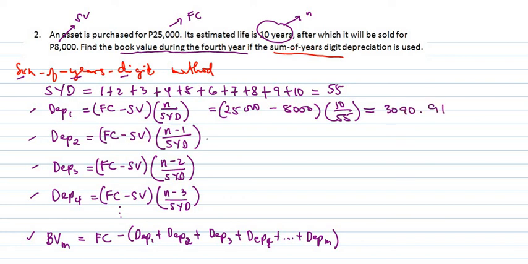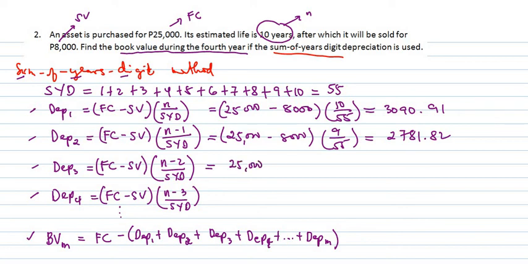For the second year of depreciation, we have 25,000 minus 8,000 multiplied by 10 minus 1, that is 9, over 55. So we have the result of 2781.82. And then for the third year, we have 25,000 minus 8,000, multiplied by 8 over 55, that is equivalent to 2472.73.